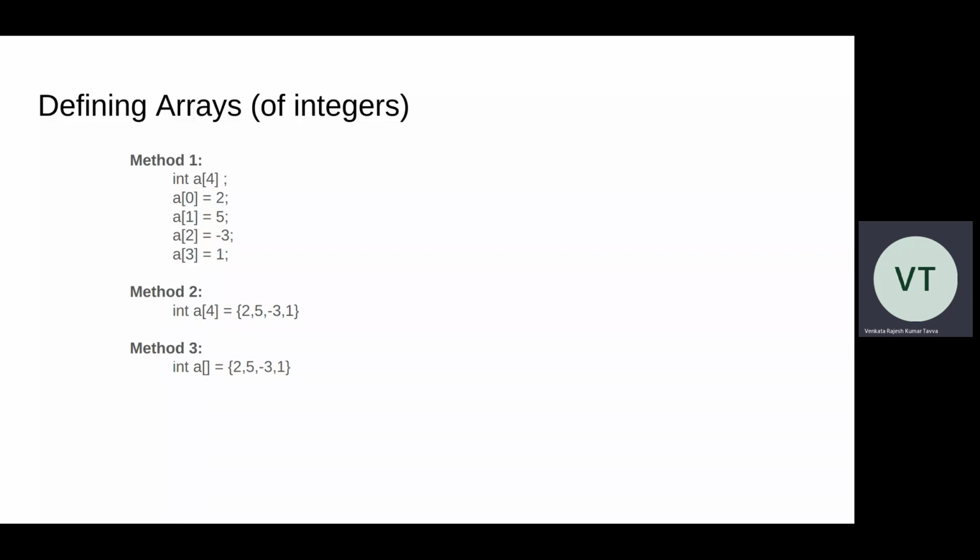I can override them later. So if the elements I am initializing and my array size are different, then use this method and use a different number here. If the initial elements you are declaring is always the array size, then you need not put any number in the bracket of the array name.